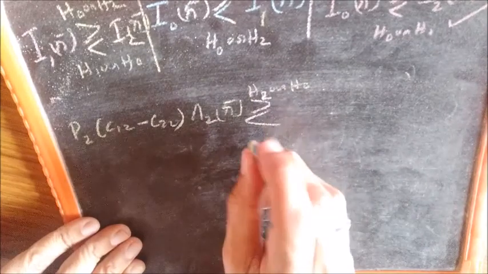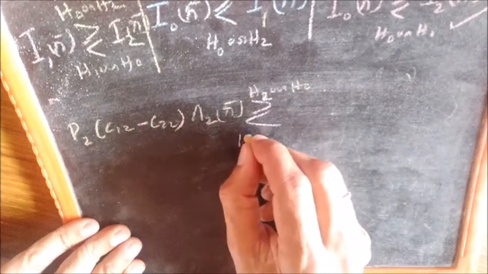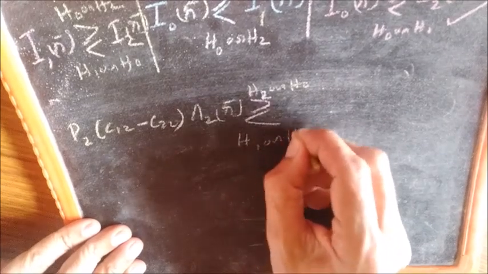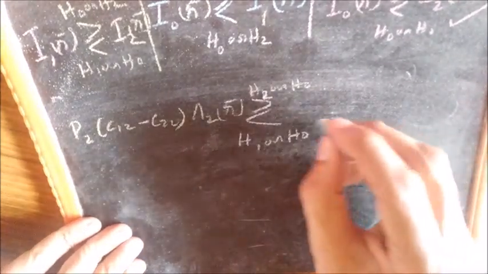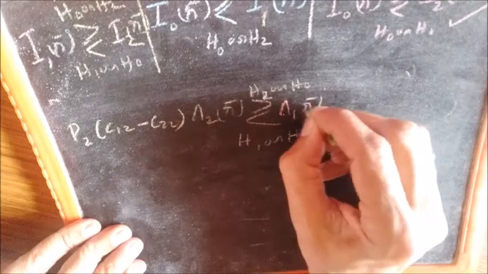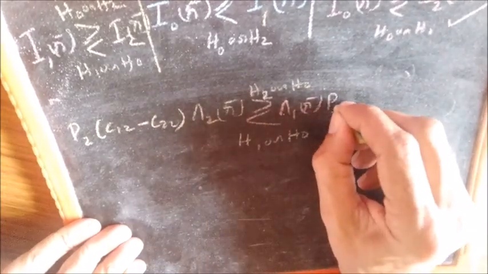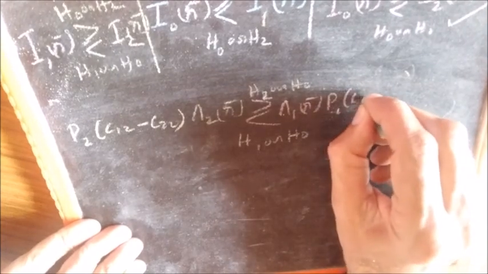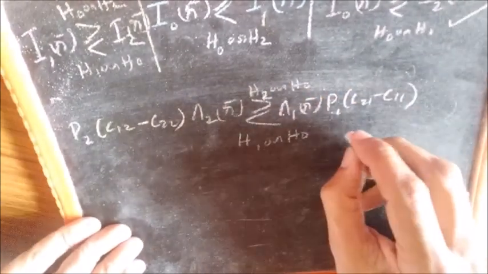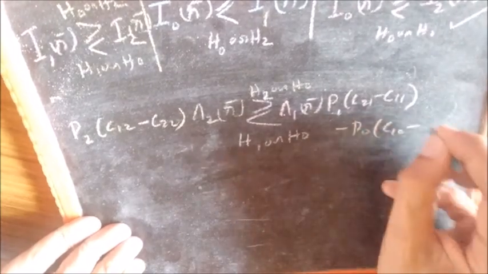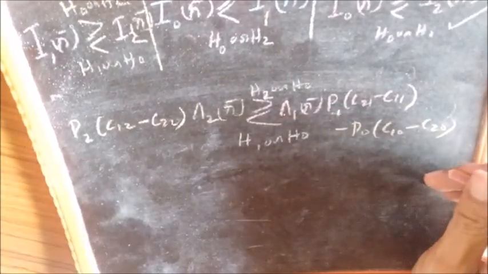H2 or H0, and here it will be H1 or H0, lambda 1 or P1 (C21 minus C11) minus P0 (C10 minus C20).